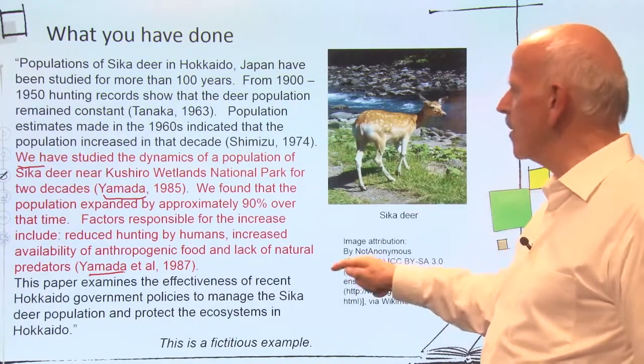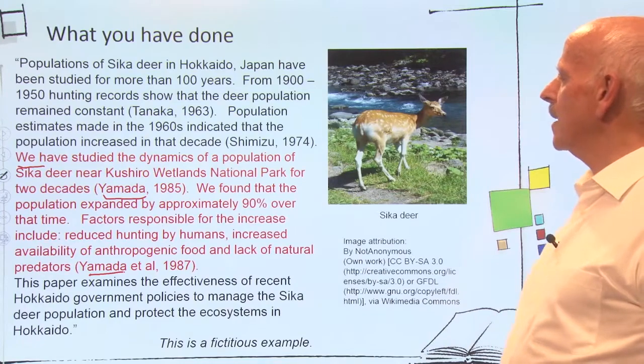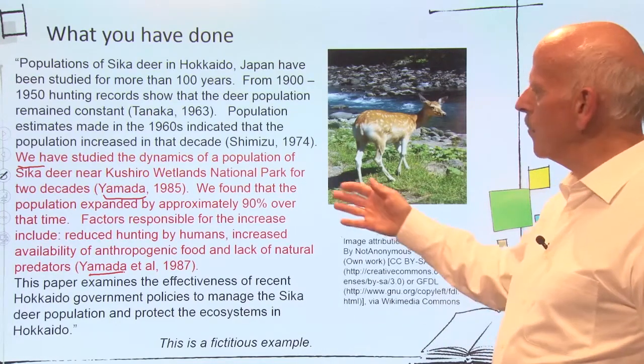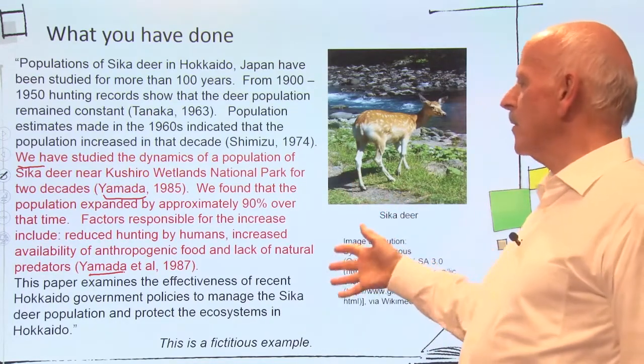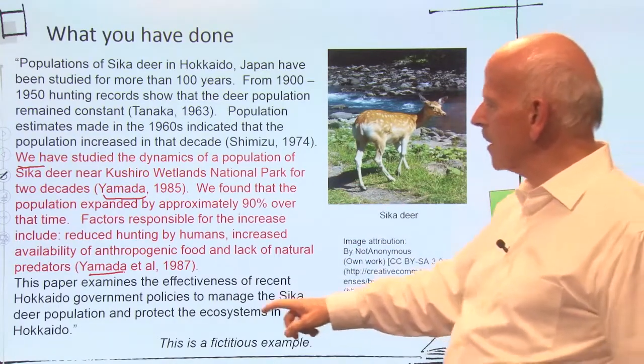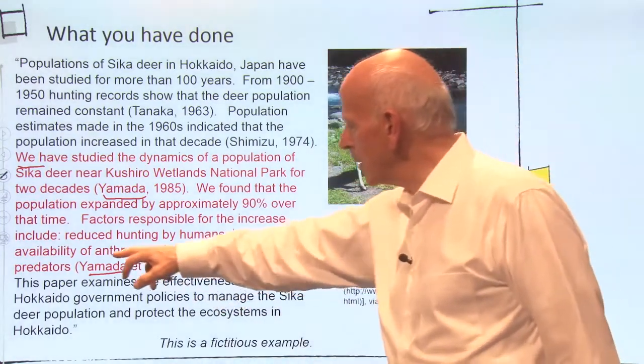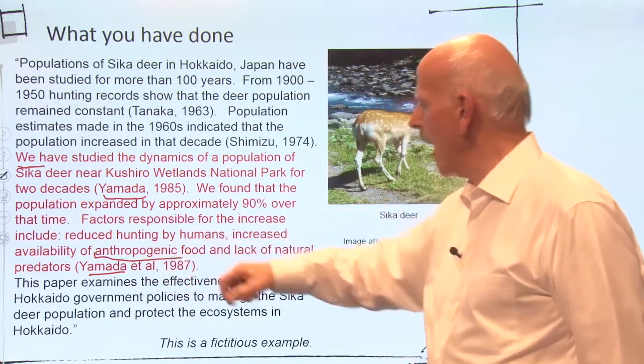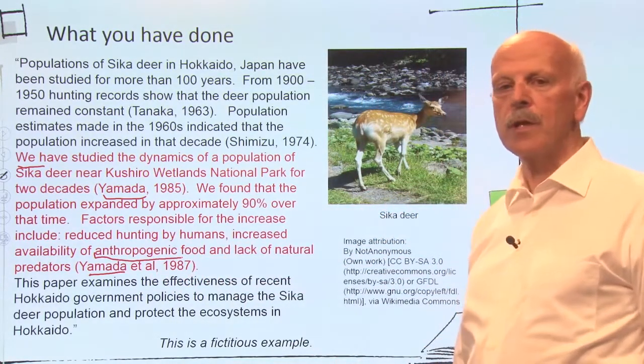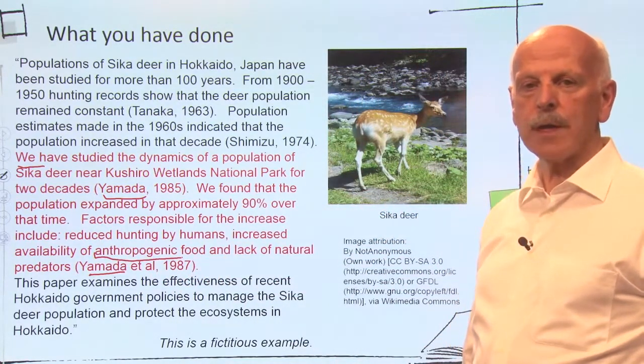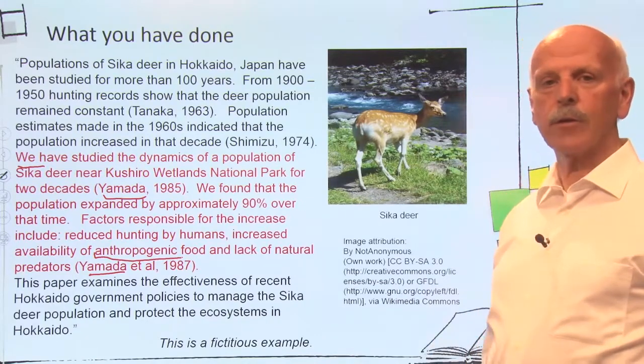So this is the new research that is identified. We found that population expanded, etc., during that time. And one of the reasons the population expanded was anthropogenic food. Anthropogenic food means food that was grown for human consumption which the deer also enjoyed.